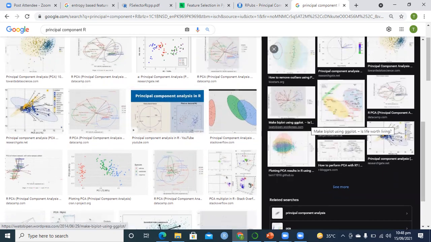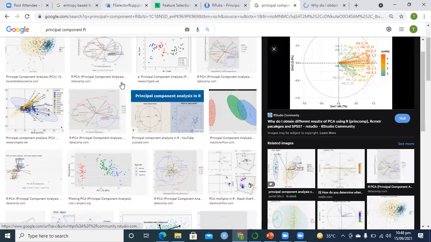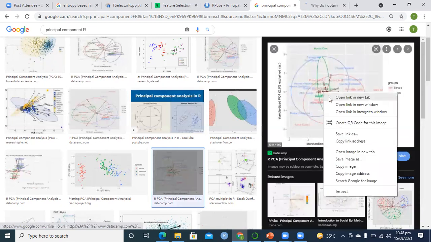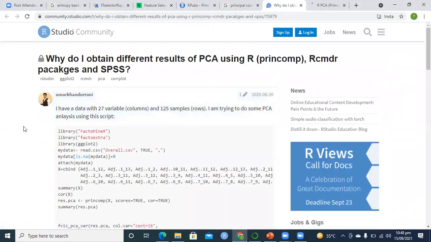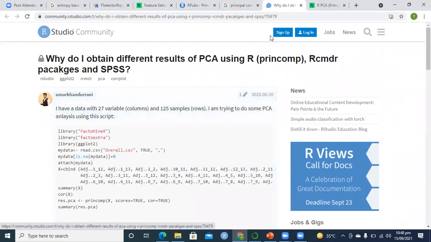If I go to this library and click it, I will see how it works. If I go to this one, you will see there is another library for it. PrintComp, the RCMDR package.